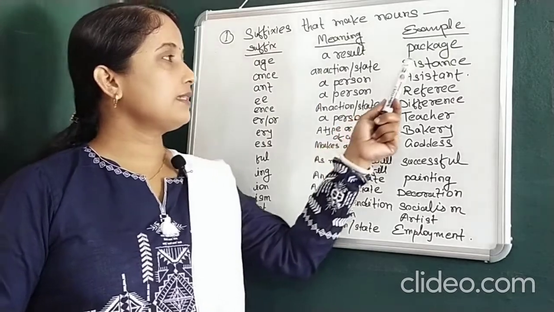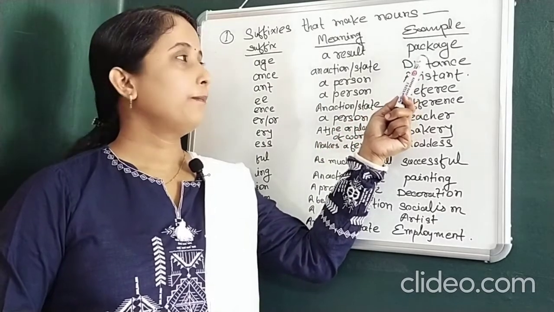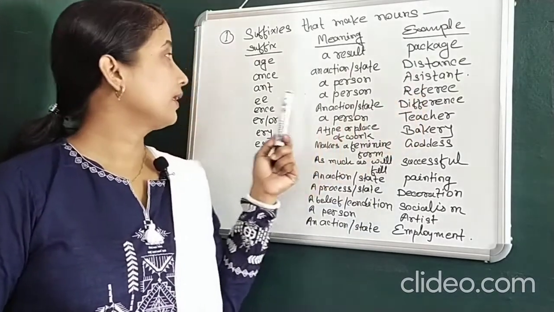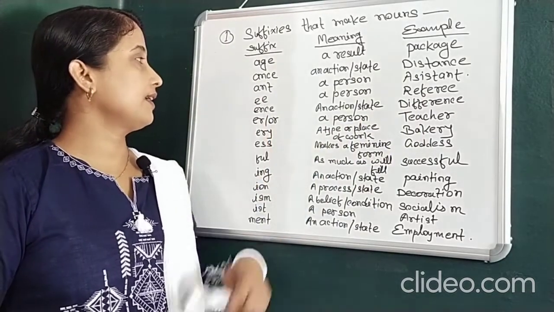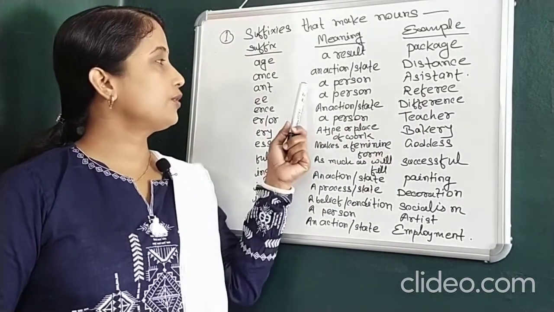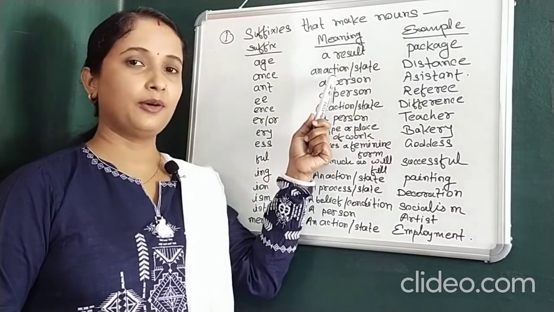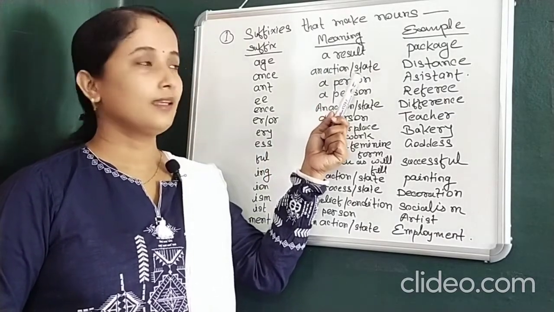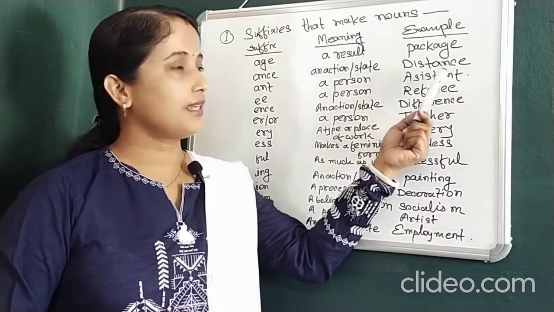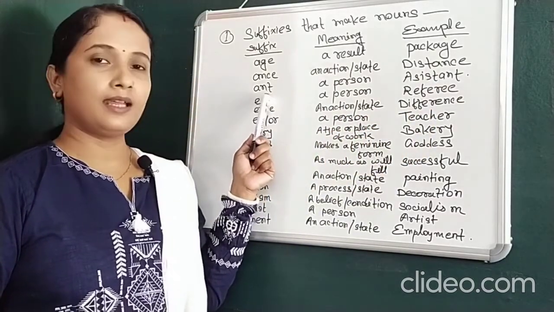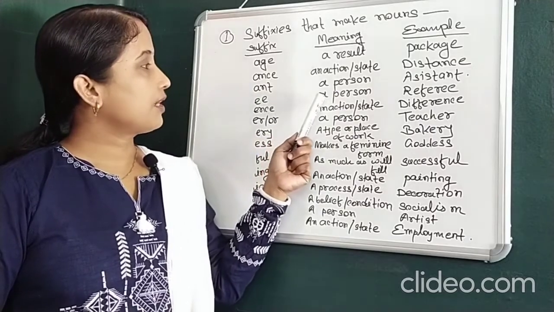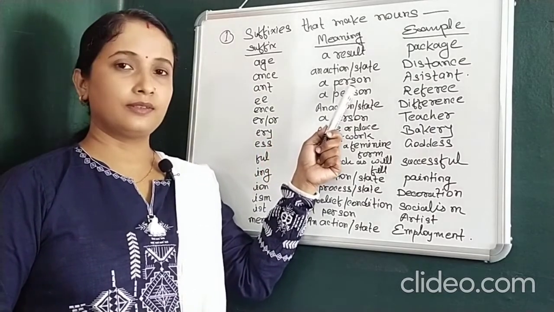An example is package. Next suffix is ance. It refers to an action or state. An example is distance. Next is ant. It refers to a person.